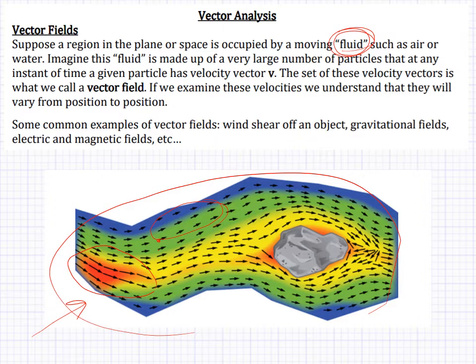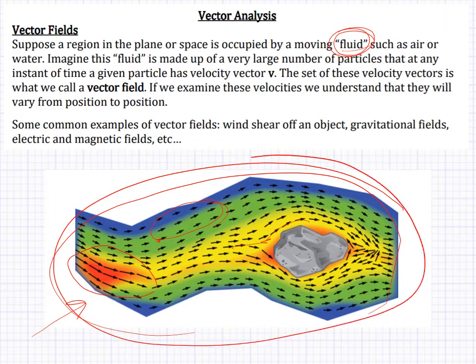You see it coming up to this rock here and how it would have to veer away, and how that would change, one, the direction, and two, the velocity of that water. The collection of all these vectors together with all the points associated with each vector is a vector field. You could also think about this as wind shear off, say, a car, or a gravitational, electric, or magnetic field. These are all vector fields.